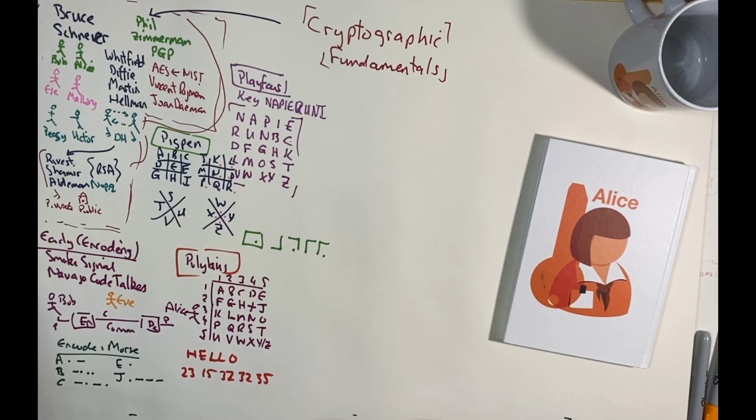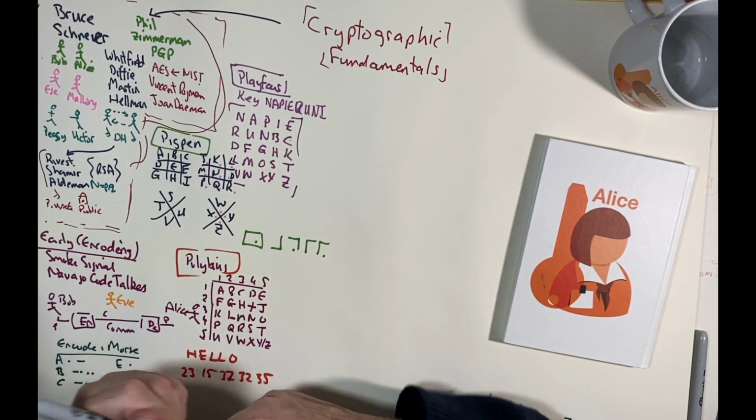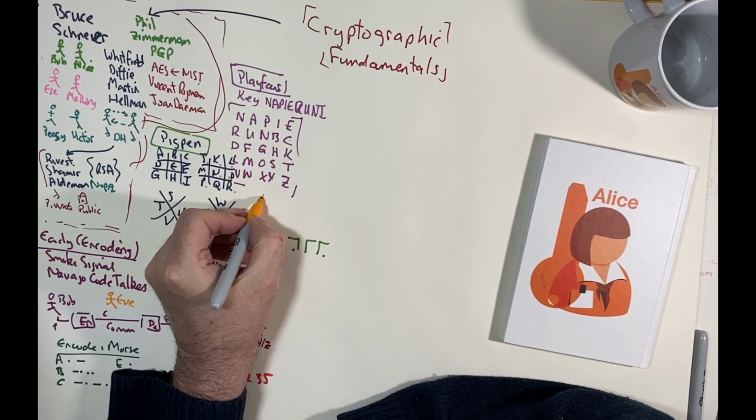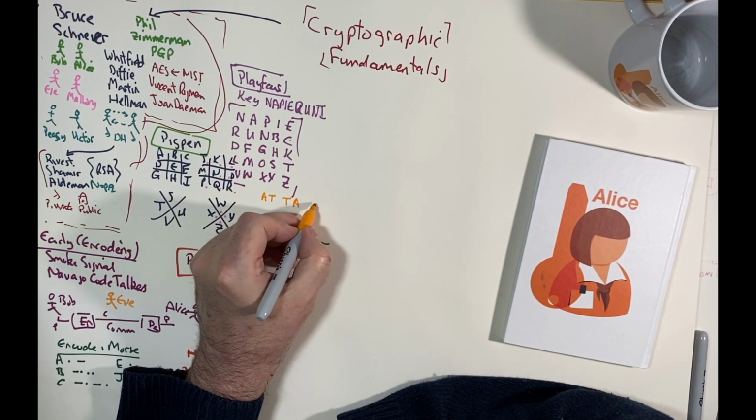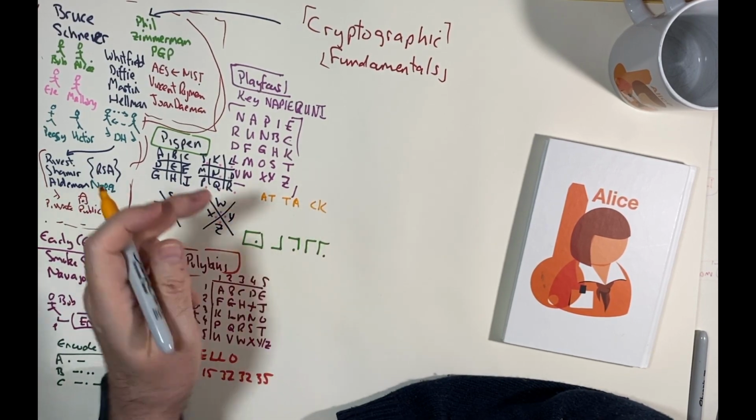And what we do is that we take each of the characters in our ciphertext, such as A, T, T, A, C, K, attack.